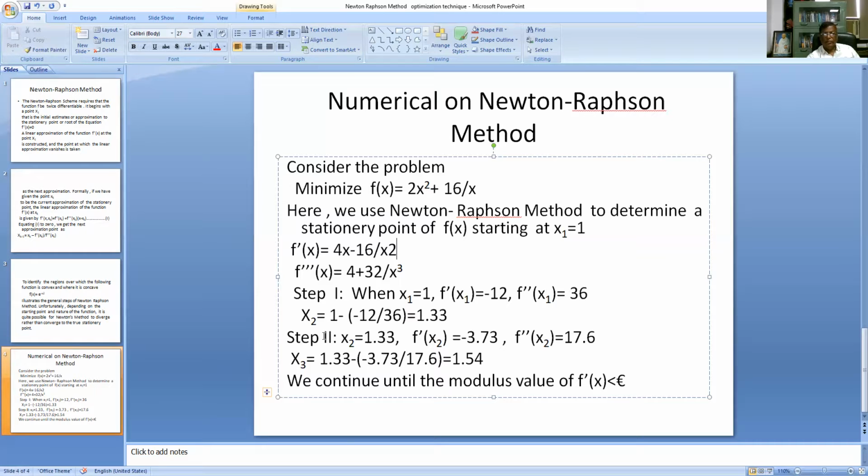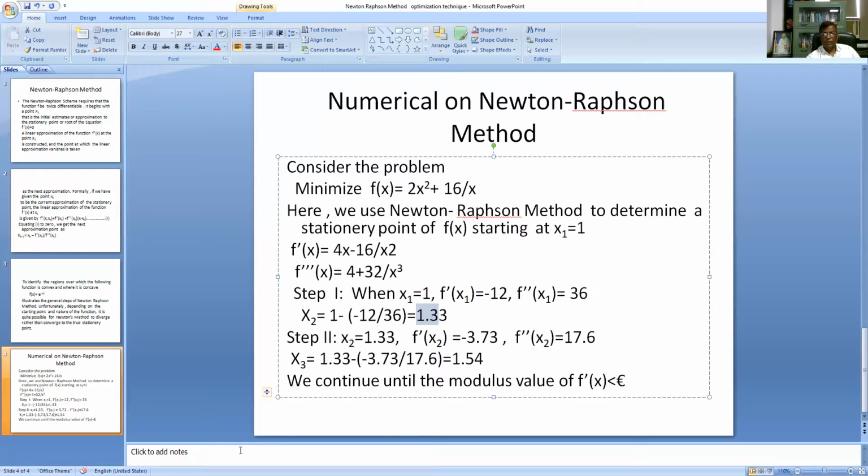Again, in step 2, this is x2, and consequently we can find x3, x4, x5 up to the desired stage, and we continue until the modulus value of the function is less than epsilon. And epsilon is a very small quantity, that is greater than 0, but always positive.